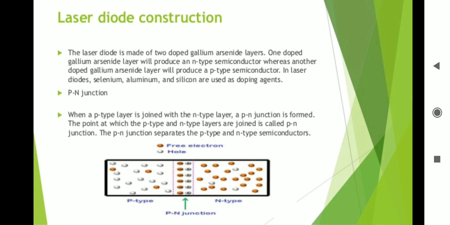It is to be noted that in order to obtain laser light, the end surfaces of the semiconductor material should be parallel to each other and are to be cut and polished carefully. Among these, one is to be made fully reflective in nature, while the other should be partially reflective.